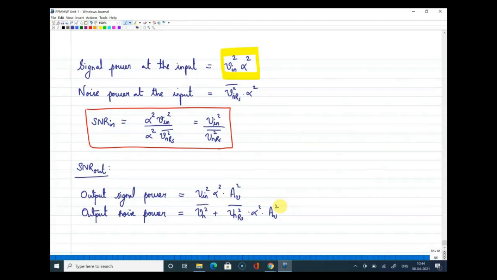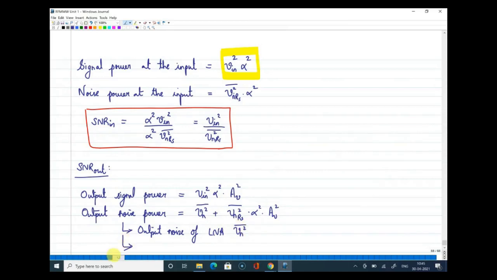So we can see two terms here in the output noise components. One is the output noise of the LNA itself, which is marked as Vn square bar.